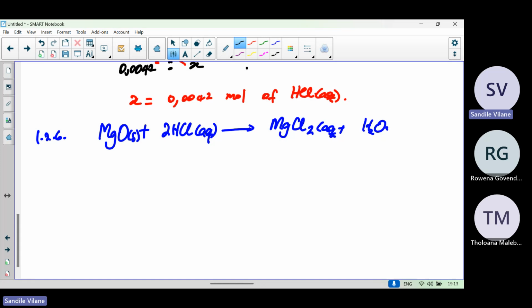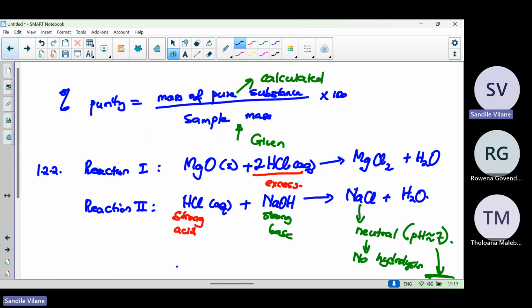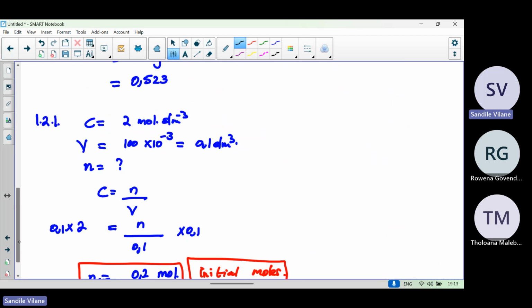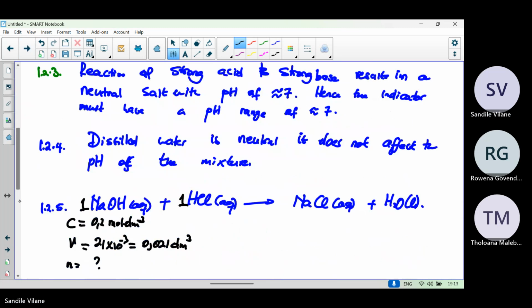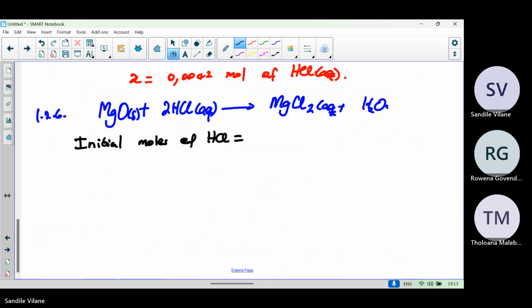When you started this reaction, you had the initial amount, you started with a certain amount of hydrochloric acid, which we calculated and found that it was 0.2 moles. This is what we started with. It was 0.2.